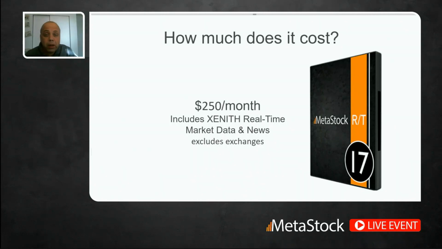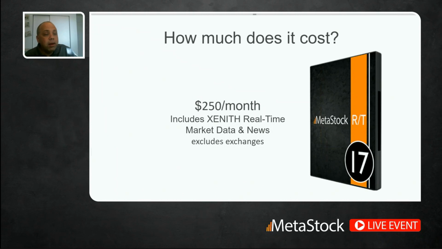They spent about $1 billion just designing it. It has some of the best news available in the market. It's probably the news service that your bank or your hedge fund or your mutual funds are using. It's a premium institutional-strength news service. So that with MetaStock is only going to cost $250 per month.